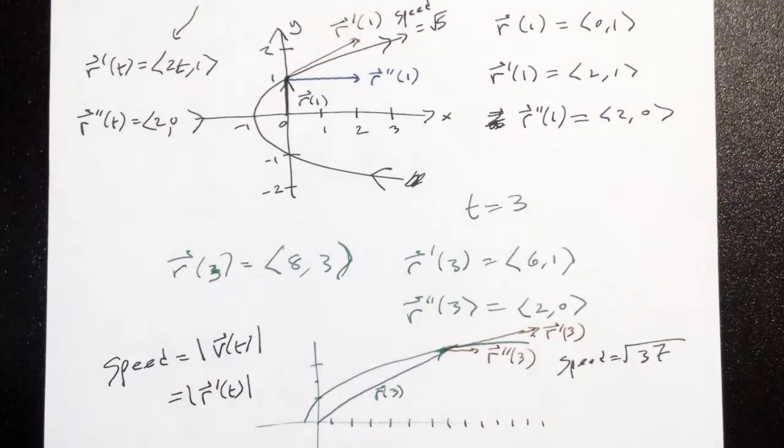Why was I able to say that they were perpendicular previously, but they're not perpendicular here? It turns out the reason I said that is because we were dealing with the unit tangent, and the unit tangent has the same length everywhere, right? That meant that your speed is a constant.